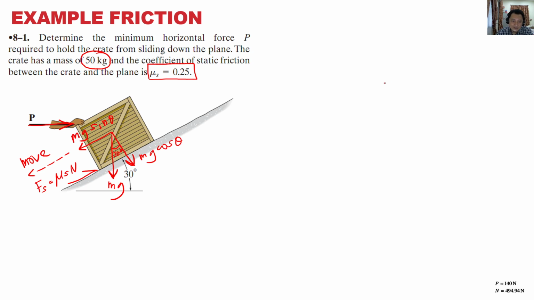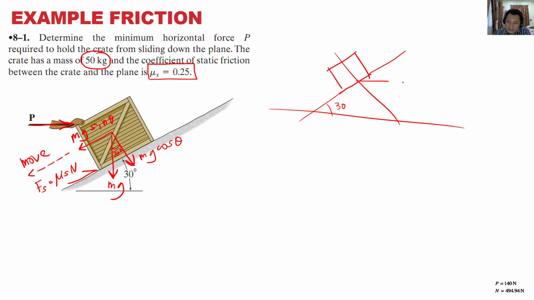Okay, so many of you are not sure about this 30 degrees being there. So let's try to resolve this once and for all. We need to do some sketching. So this is your normal, this is your 30 degrees, this is definitely 30 degrees.